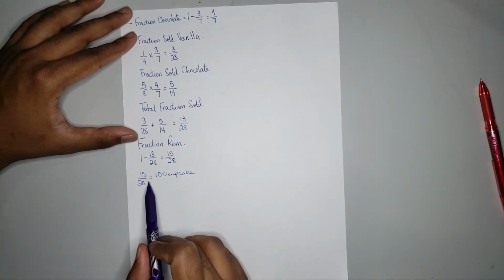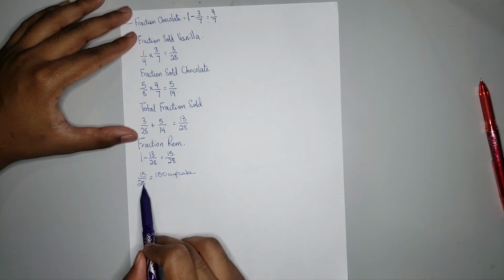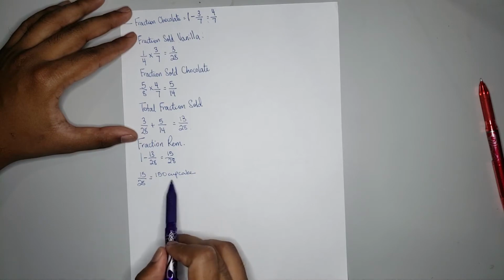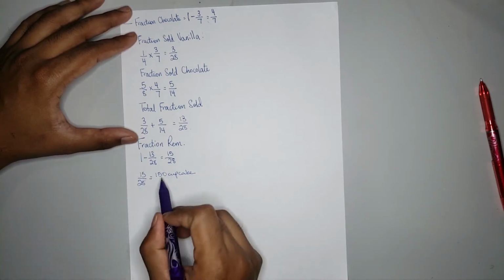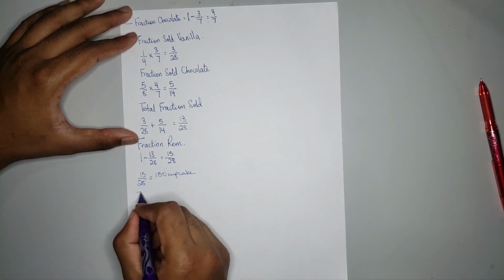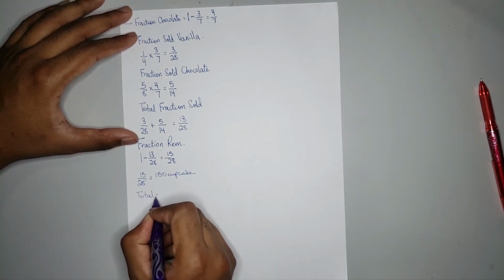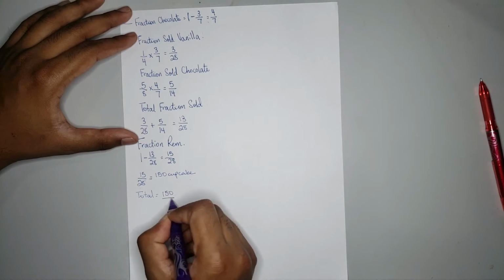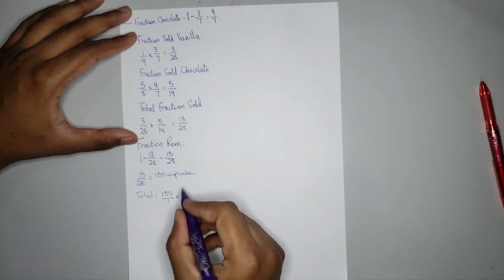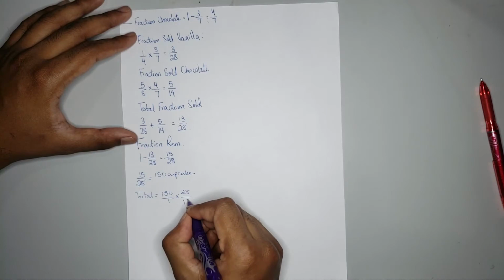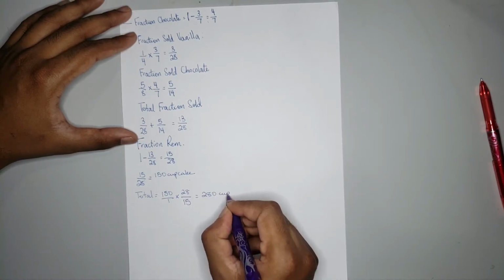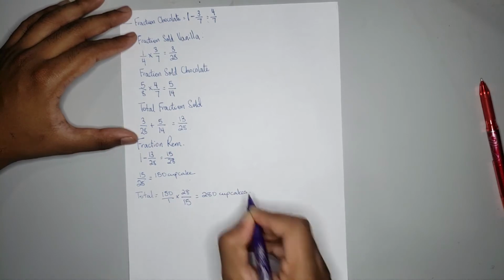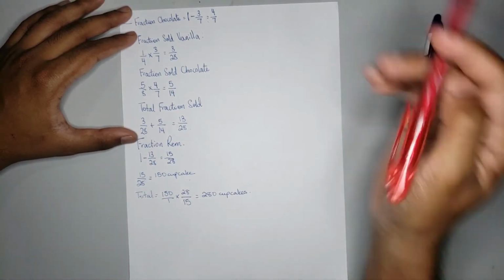This is how they are equal. So now we know the fraction and the quantity it is equal to, therefore we can calculate the total. The total is equal to 150/1 multiplied by the invert of the fraction, which is 28/15, and I'll get 280 cupcakes. So the answer is 280 cupcakes.